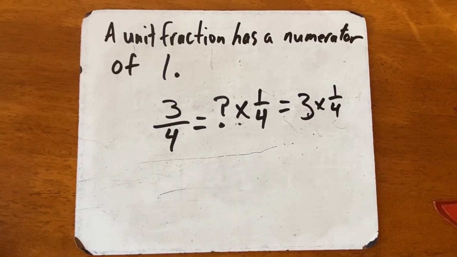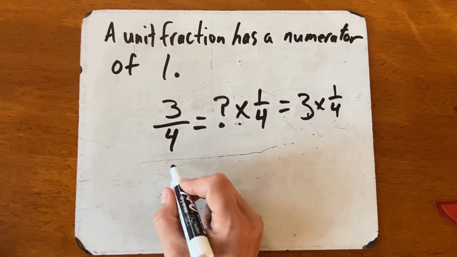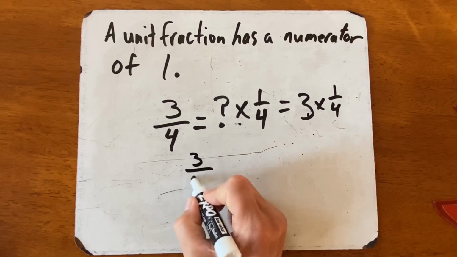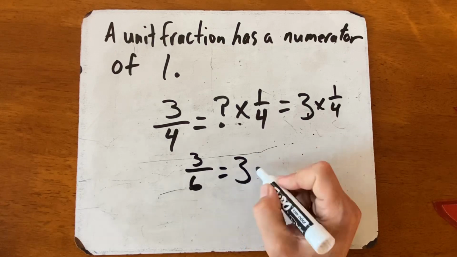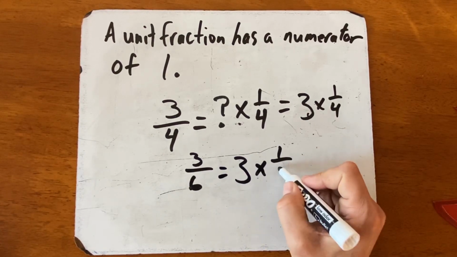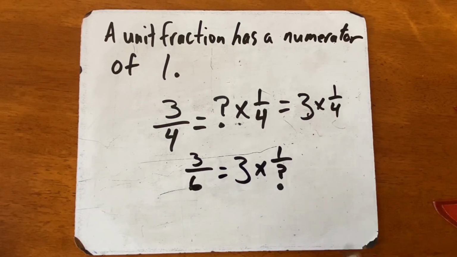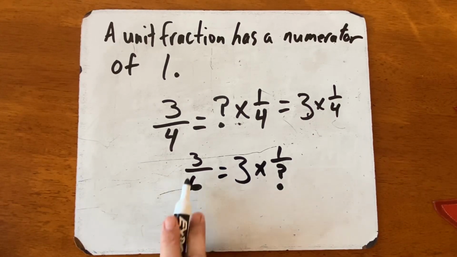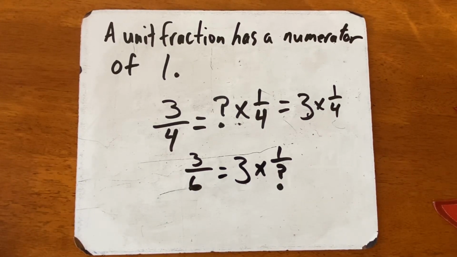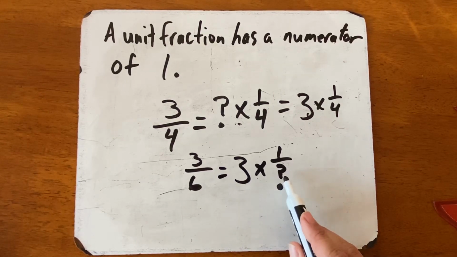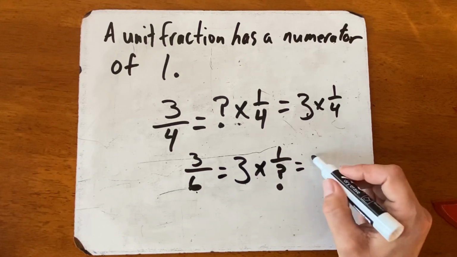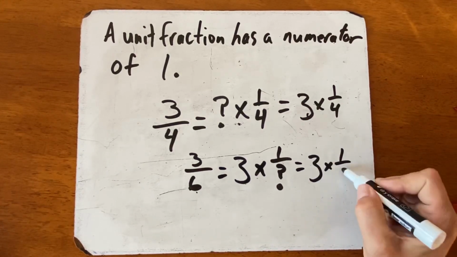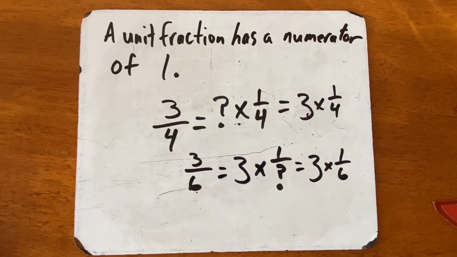They might give you something like this. Here's another one. So if they give you that, what are you going to get? Well, there's where that came from, right? What should be here? Your denominator from over there. So this would equal 3 times 1/6. Okay?